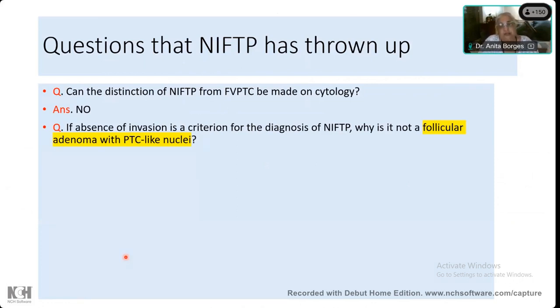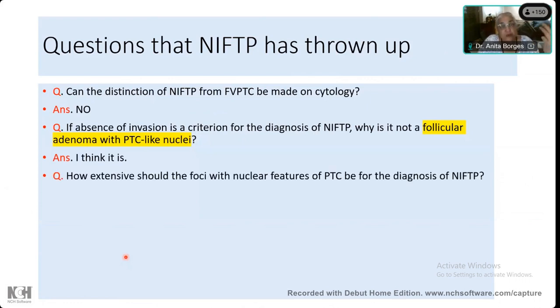We're calling it a non-invasive follicular tumor, not an adenoma. I believe that it should be called a follicular adenoma because it's got a capsule and the capsule is not invaded. Then what is the definition of an adenoma? Strange, but this is it. How extensive should the foci with nuclear features of PTC be for the diagnosis of NIFTP?